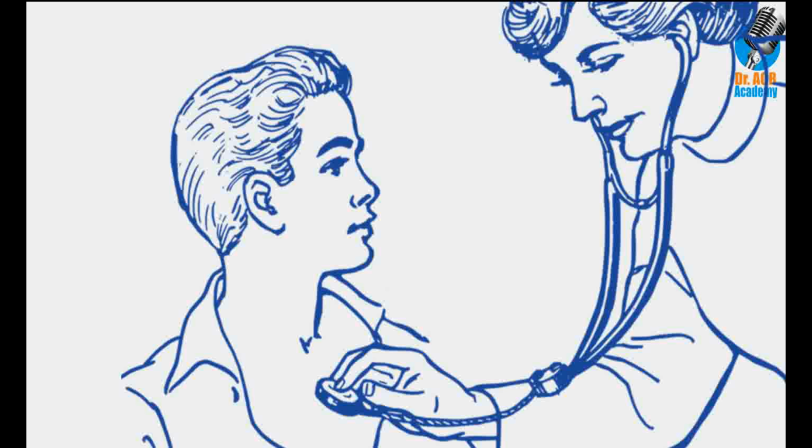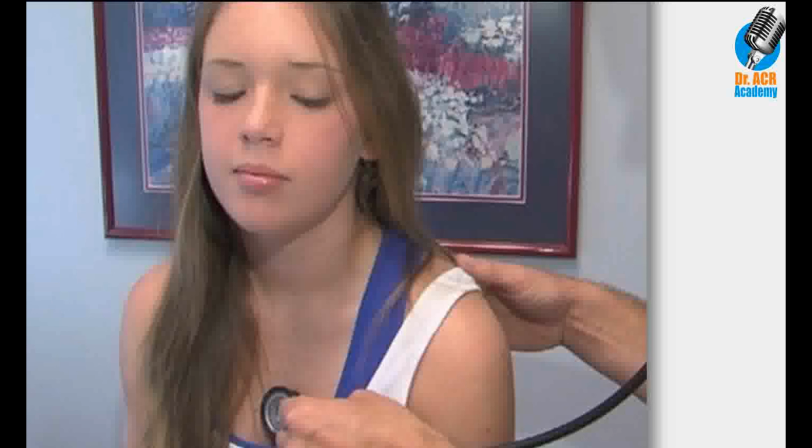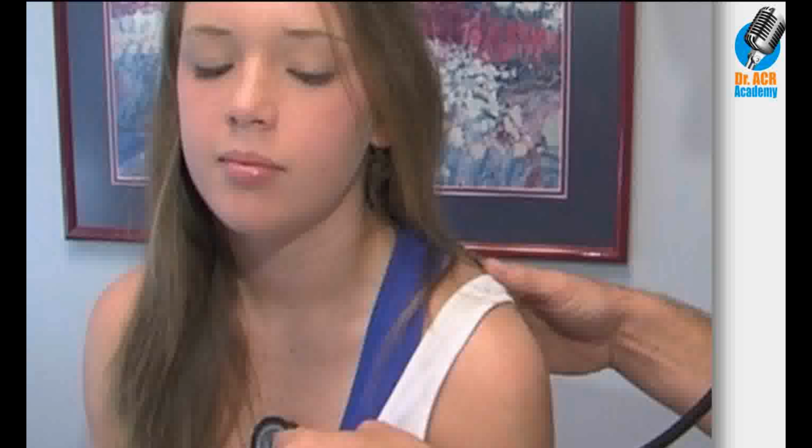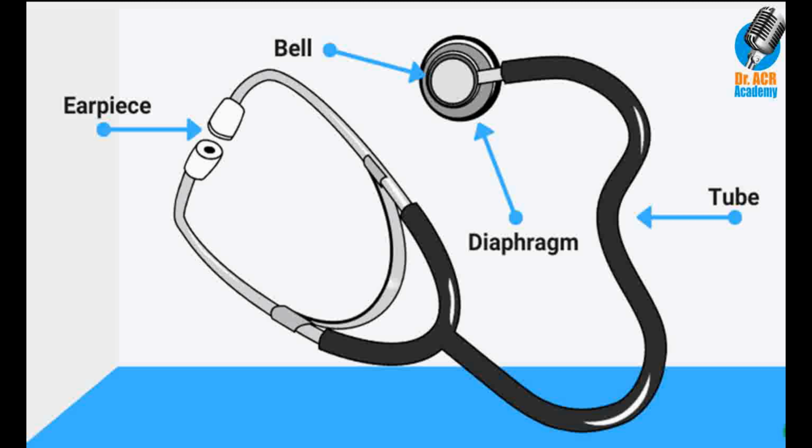Usually, the stethoscope amplifies the sound of the heartbeat. A stethoscope consists of a chest piece that carries a sensitive diaphragm, two earpieces, and a tube joining the parts.